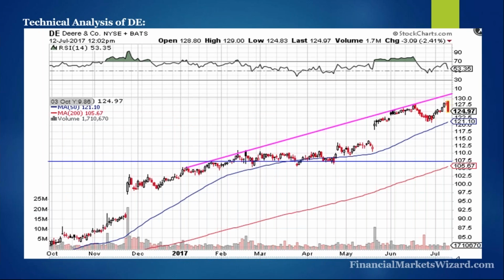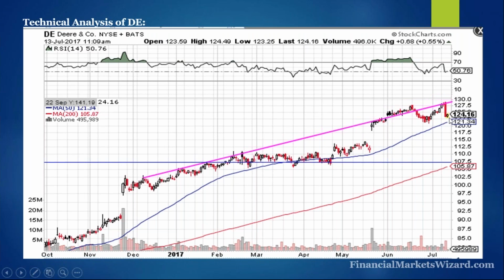DE. Now this is another trade we did, and we did two trades, calls and puts. DE was coming down for whatever reason, and CAT was also pulling down. Caterpillar was pulling down and DE was pulling down, but there was more selling pressure on DE. So we bought puts on DE for like $1.90, and this candle was severely bearish, and it came down to 123.30, something like that.